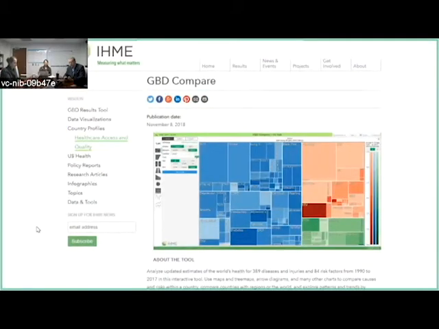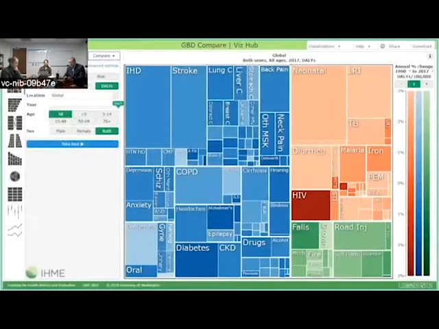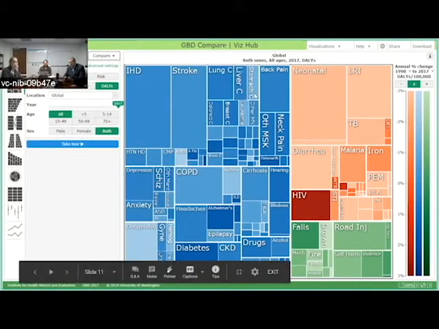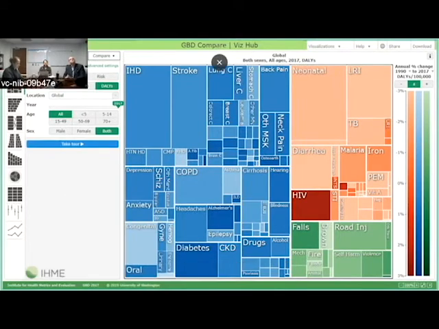So we're going to go into GBD. And when I go right into the source, the data visualization shows me a specific way to see information. On the left side, you see my settings. These are the first settings you see when you go in. You see display is cause.